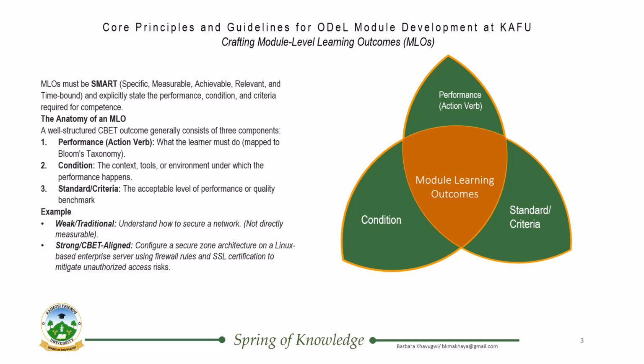So when you are stating your learning outcomes, it should have these three components: the condition, the performance verb, and the standard, or the criteria for acceptable standards of performance. So please ensure that your learning outcomes are properly stated and they contain those three components.